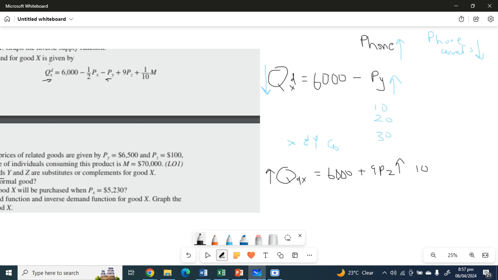So X and Z are substitute goods. Meaning, if the price of good Z goes up, people stop buying good Z and start buying good X. That's why the quantity demanded for good X is going up. So if the sign is positive, substitutes. If the sign is negative, complements.